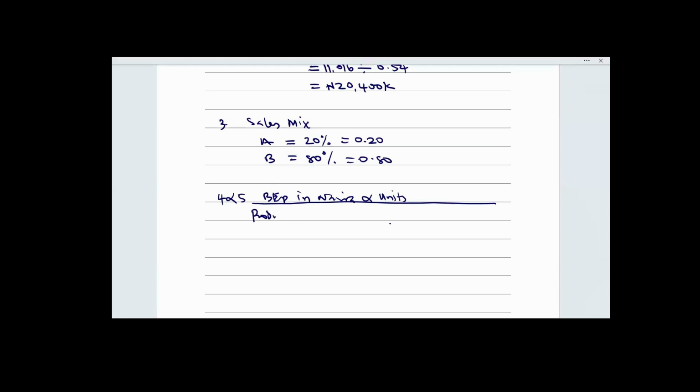I have the products, sales mix, then break-even points in Naira, selling price, then break-even points in units. That's all. This is the last one. Somebody will say PM is difficult. It's not difficult if you understand the concepts.